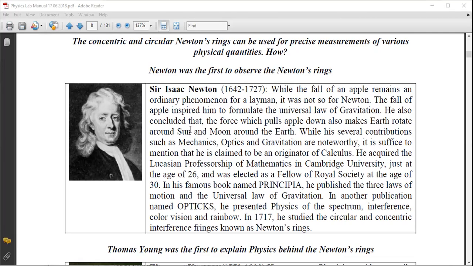We all are familiar with Sir Isaac Newton, from the laws of motion to his formulation of different laws of motion, and also optics, gravitation, mechanics, so many varieties of topics which he had studied and put forward in his famous book called Principia. Very famous studies which he had carried out and formulated.